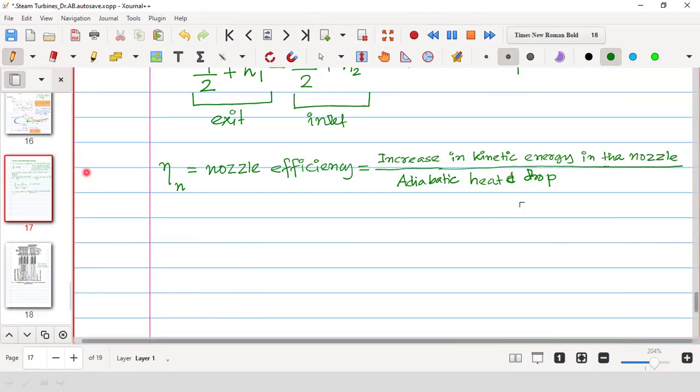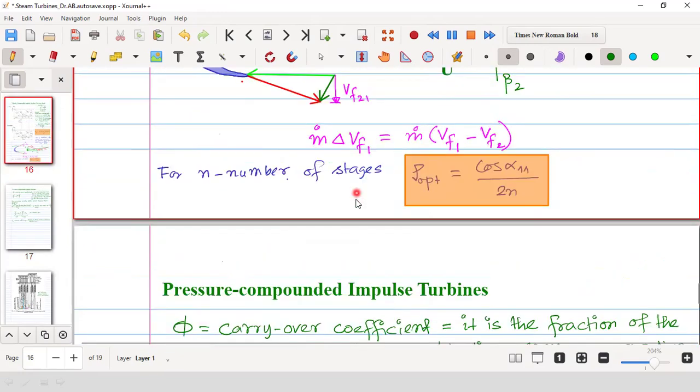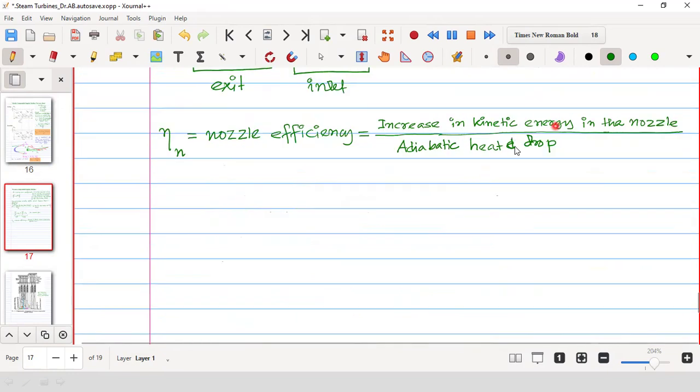Now, therefore, for the nozzle, I said increase in kinetic energy. So in the nozzle, what was the inlet kinetic energy for the nozzle? Increase in kinetic energy means basically from the inlet to the exit.